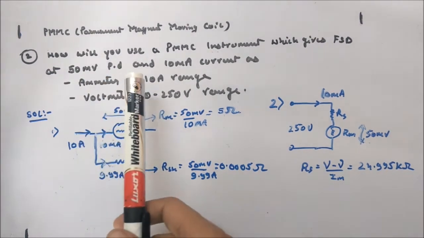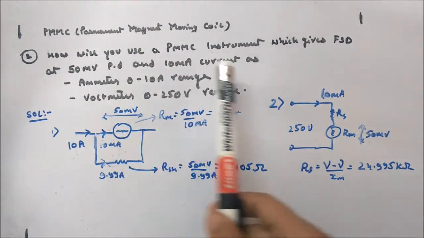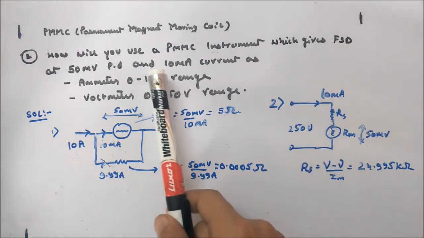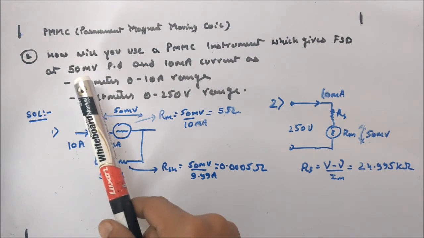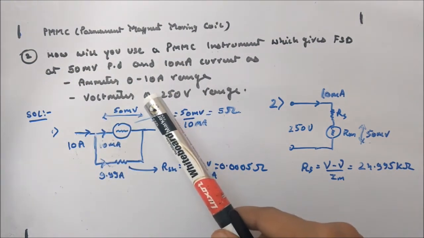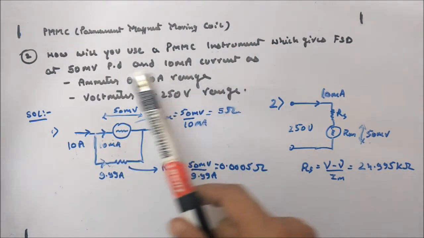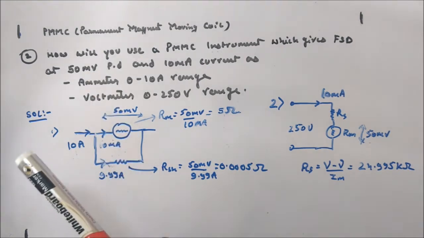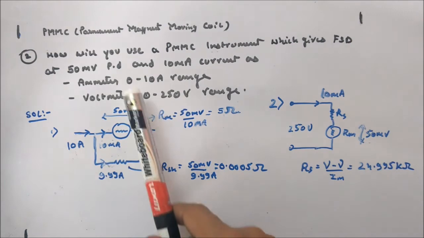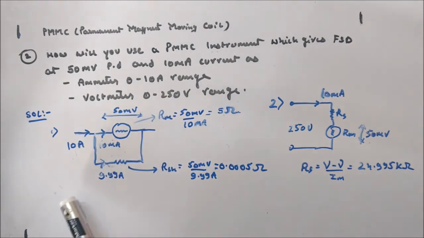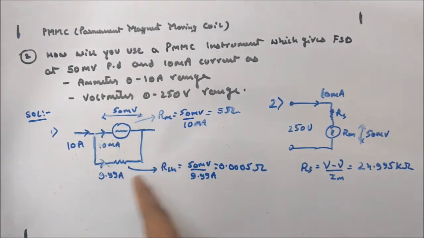Now if you read the question, the full scale deflection current is given as 10 milliampere. The potential difference across the PMMC instrument is given as 50 millivolt, and your ammeter's range is given as 0 to 10. So you can see this whole thing will be used as an ammeter.